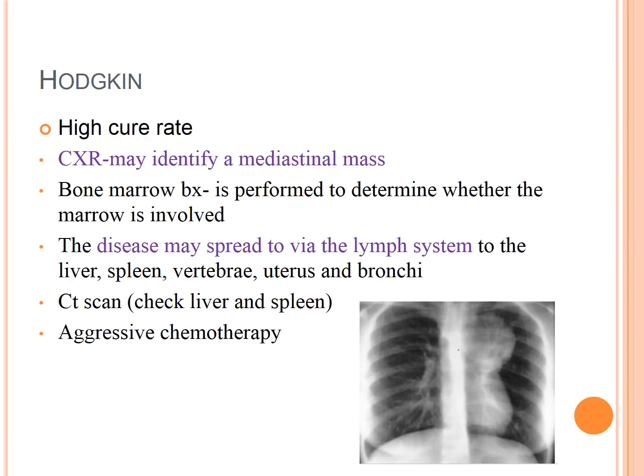Lymphoma has a high cure rate. It may be found by X-ray. They may see a large mediastinal mass. So remember way earlier in the beginning when I talked about finding large masses by X-ray, maybe they've been complaining of difficulty swallowing for some time, and it's all related to this large lymph mass in their chest cavity.